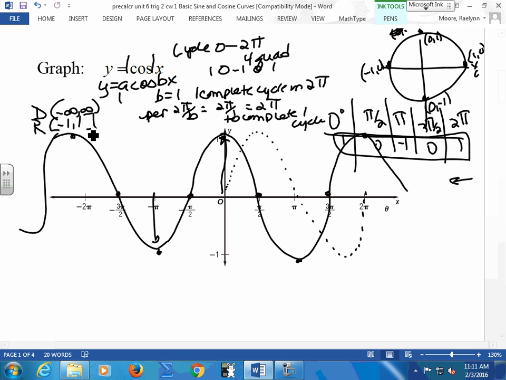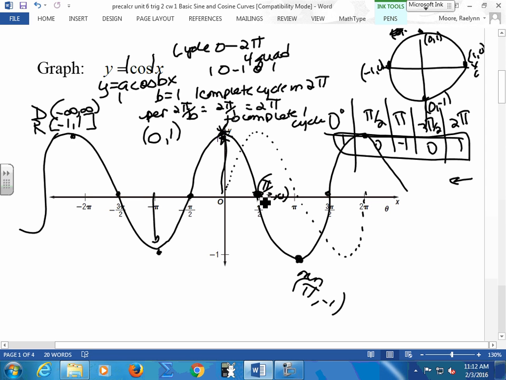So if I ask for a max, there's a max at 0, 1, at 0 degrees or 0 radians. There's a min at pi, negative 1. Here's a 0 at pi over 2, 0. So my goal is, by doing my 4 quadrants, I get my max, my mins, my zeros.